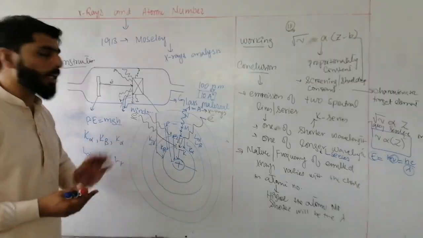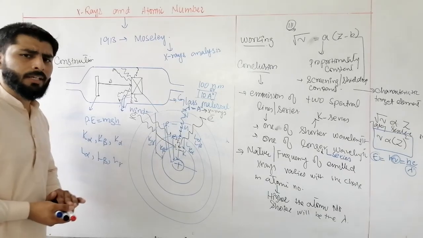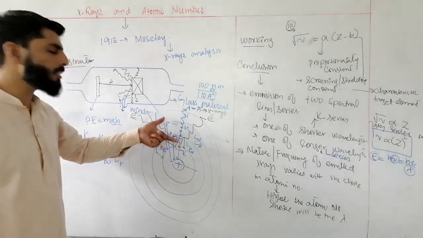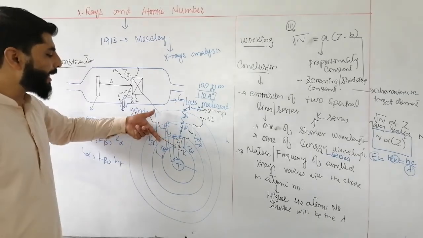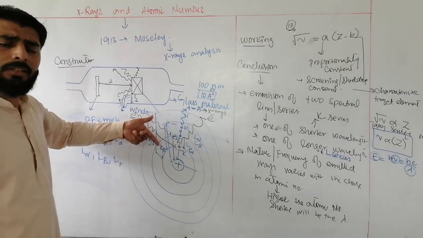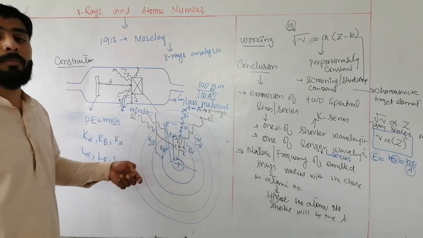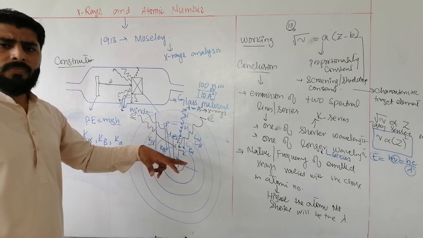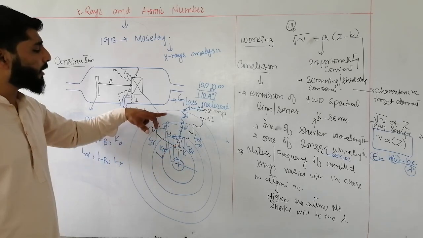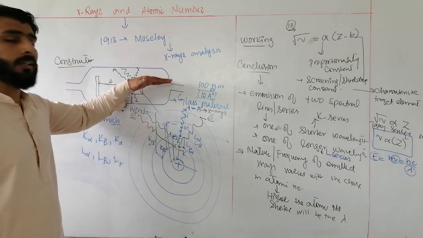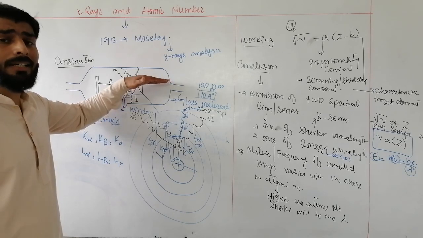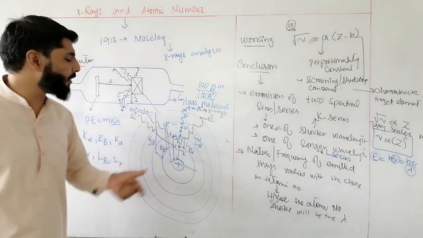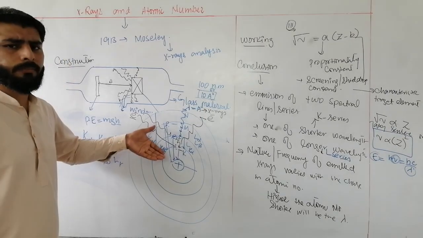So this is actually happening in X-ray analysis. When the atomic number of the atom increases, the size also increases due to the addition of shells. As a result, the shielding effect increases, and there is a bigger force between the electron and the nucleus.